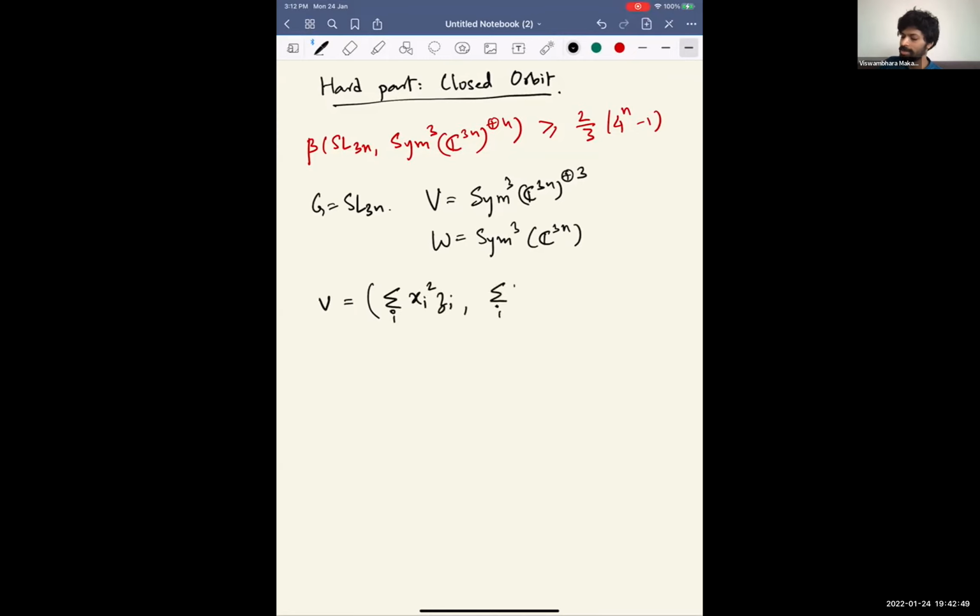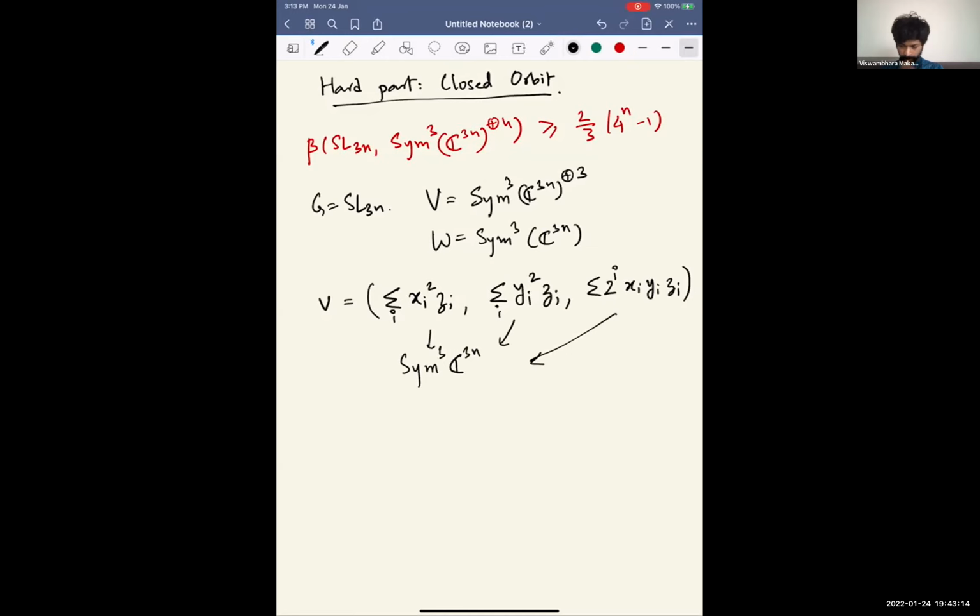The second one is going to be the sum over i of yi squared zi. And the third one is going to be the sum over i of 2 to the i times xi yi zi. Okay. So each of these is a degree 3 polynomial, so each of these is in Sym3 C to the 3n. And so the tuple is in 3 copies of that.